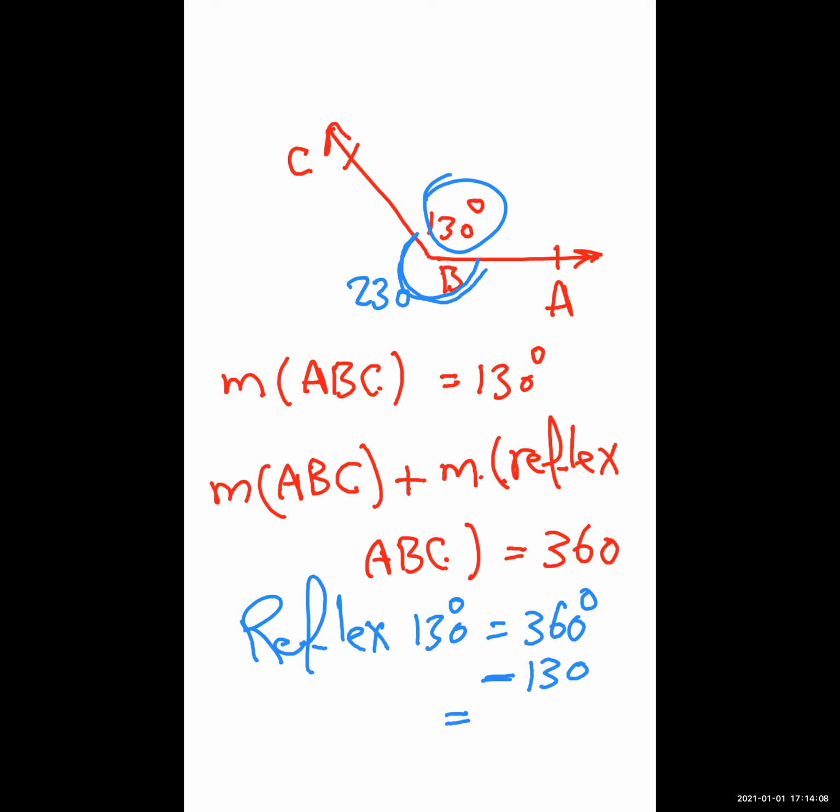So it will equal 230 degrees. So the reflex of the angle will equal 360 minus the measurement of this angle. Now let's solve some questions related to the types of angles.